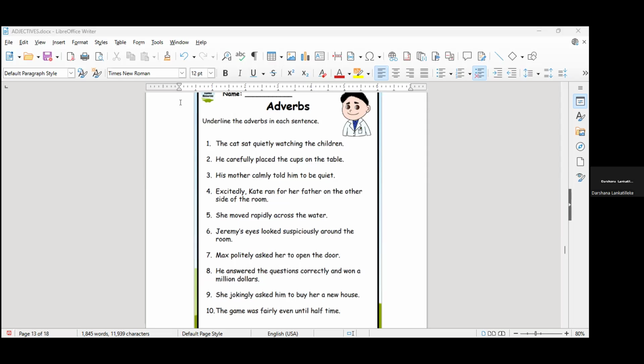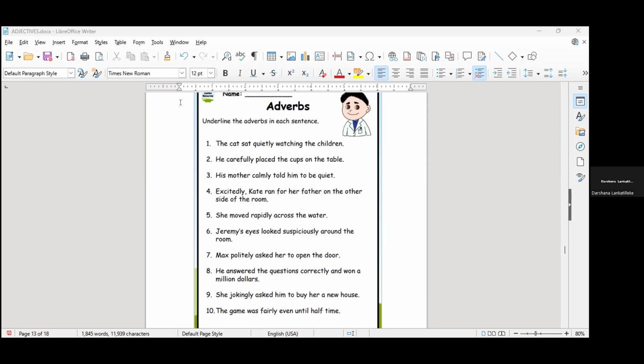Now, have you noticed that there are two adverbs here? He carefully placed. Placed is a verb. Placed how? Carefully. And placed where? On the table. So on the table is a place adverb. It is also an adverb, a place adverb, right? Carefully and on the table.